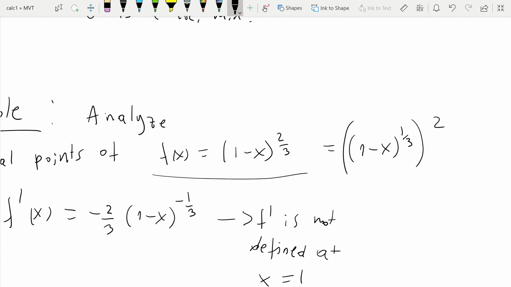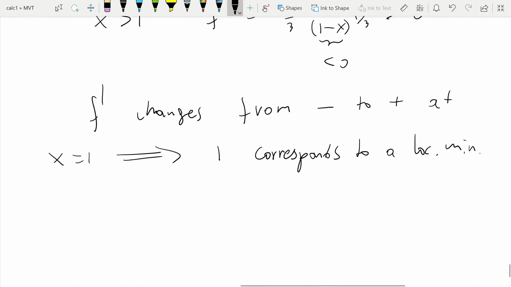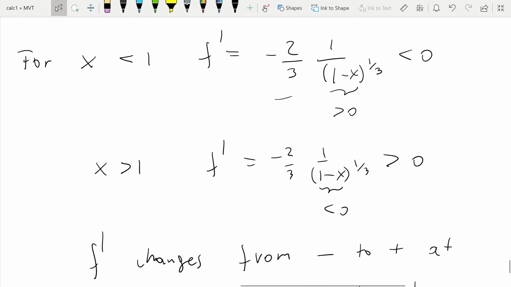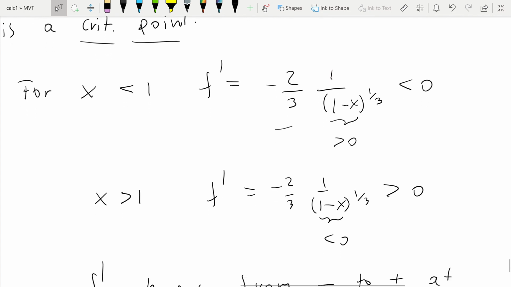And a square is always greater than or equal to 0 for a real number. So our analysis is consistent with what we would expect. The function attains a local min. In fact, it's a global min, at which it attains 0, which is the smallest possible number that a square can achieve. And the analysis using the first derivative test tells us the same thing.